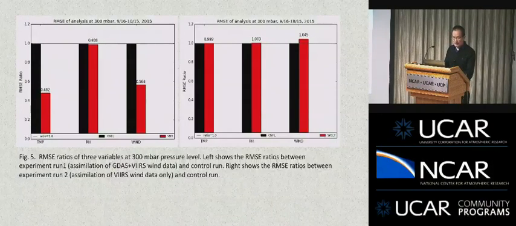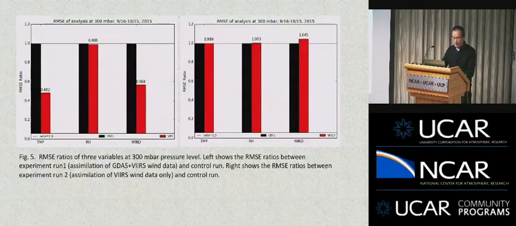By the way, RMSE ratio is defined as the RMSE of experiment 1 divided by the control run. And on the right side, the ratio is the RMSE of experiment 2 divided by the control run. So if the ratio is less than 1, that means it is better.